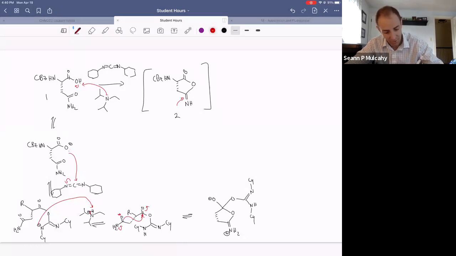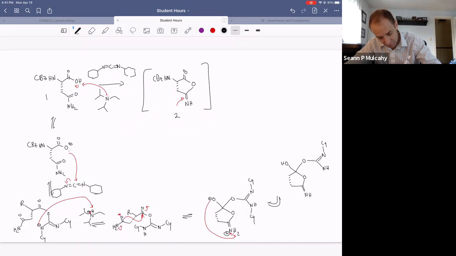We can transfer a proton around. That's going to give us that neutral species.